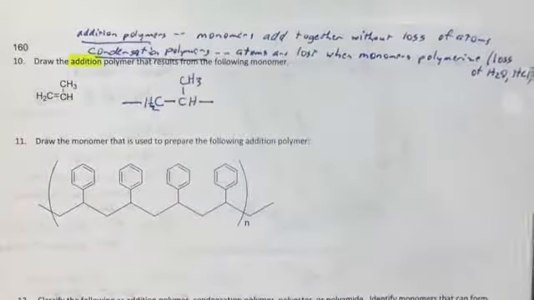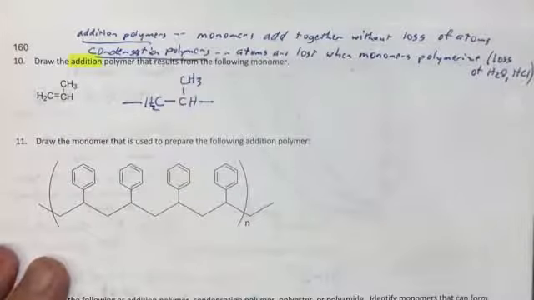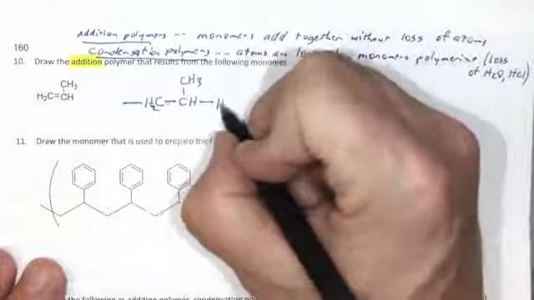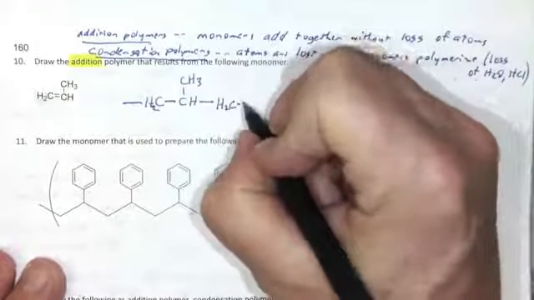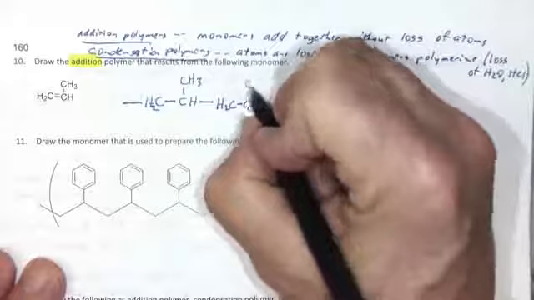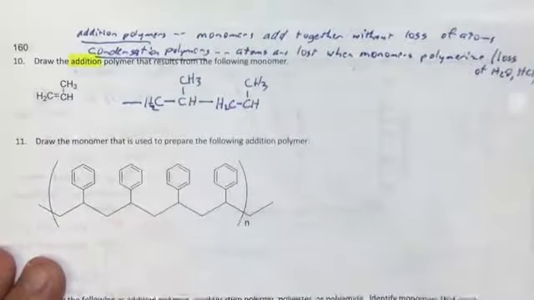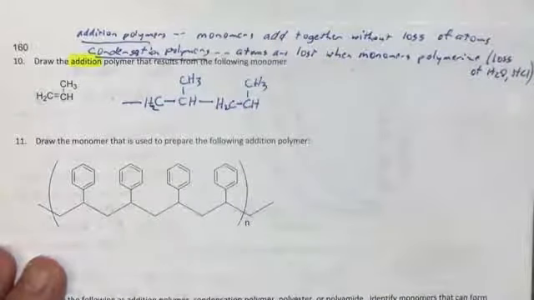And so this is the repeating unit. And this repeating unit then is attached to another unit of itself, H2C, CH, CH3. Now, I put the H2 first, and that actually looks a little bit odd.